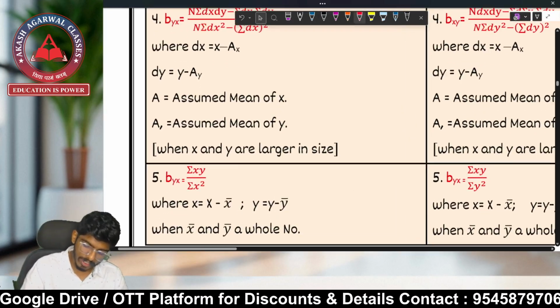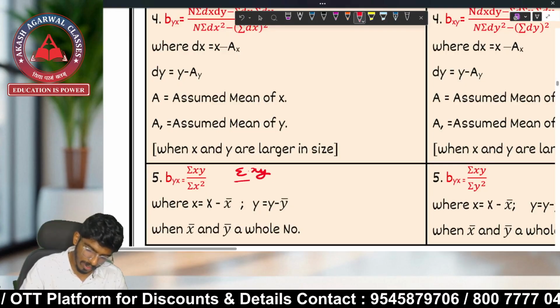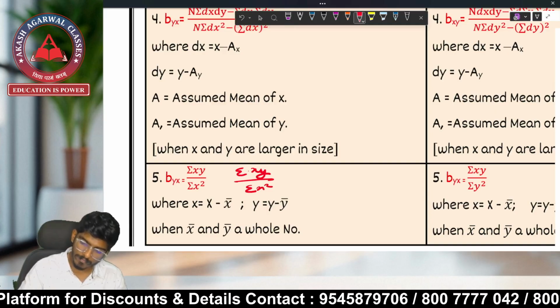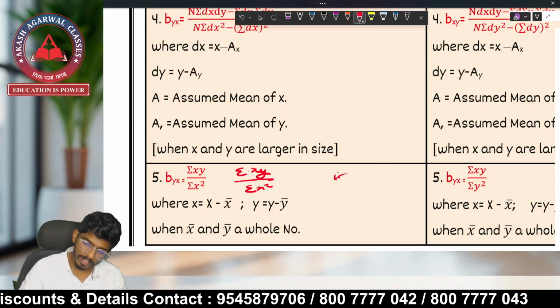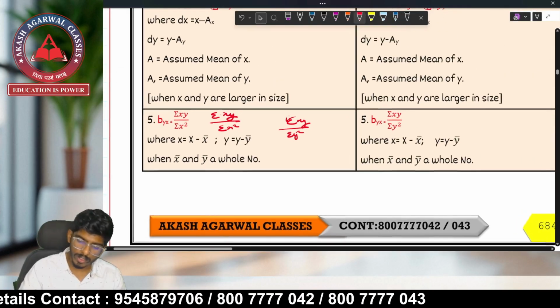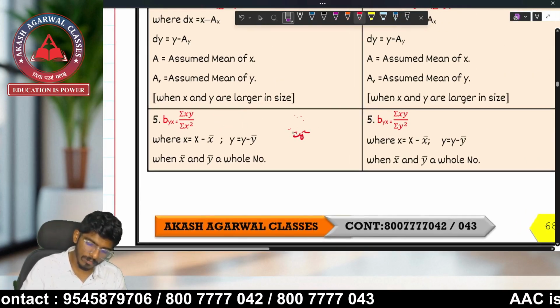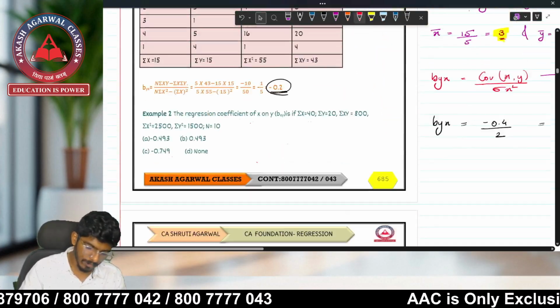And here's another formula: summation of xy upon summation of x square, or summation of xy again upon summation of y square. This is also going to give you Bxy and byx.